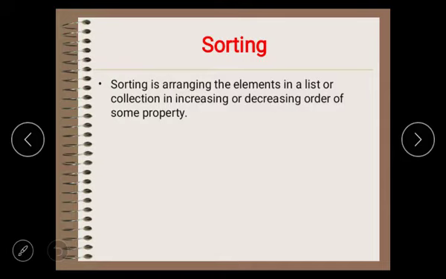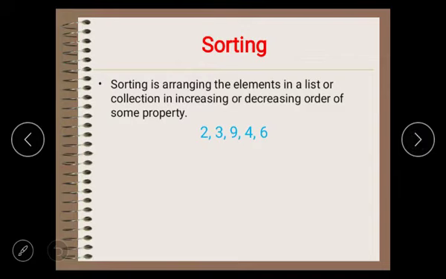To study sorting algorithms, mostly we use a list of integers, and typically we sort the list of integers in increasing order of value. So let me take an example.